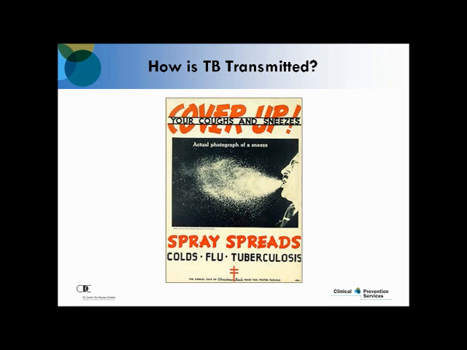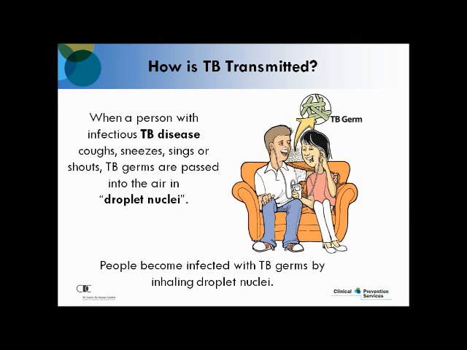As a result, transmission outdoors is unlikely. The three main things that affect the concentration of bacteria in a room are the size of the room, ventilation, and the air cleaning system. So when we ask the public health nurses or the community health nurses, where has the patient been, what is the environment, we look at all those kinds of issues, and this is why.